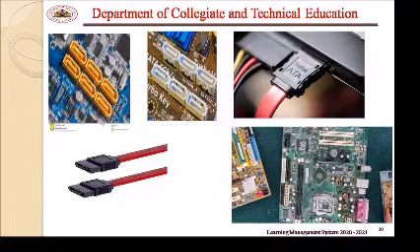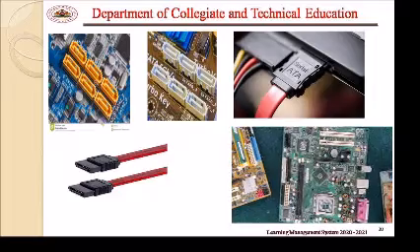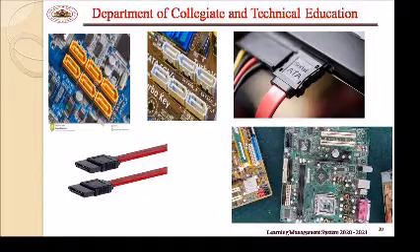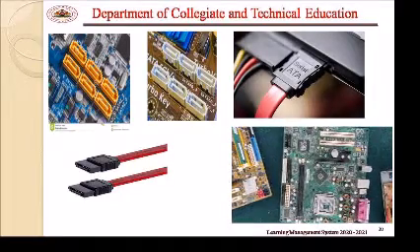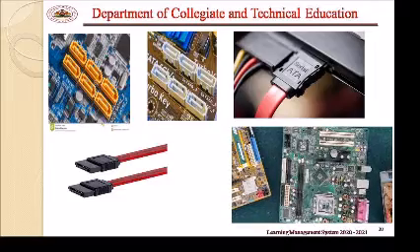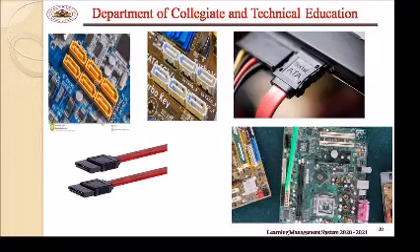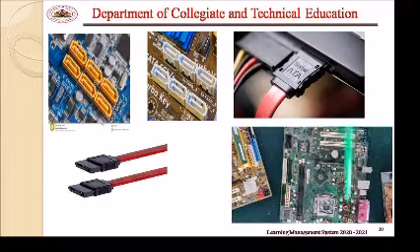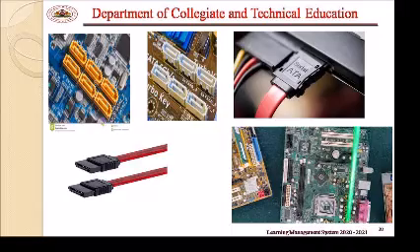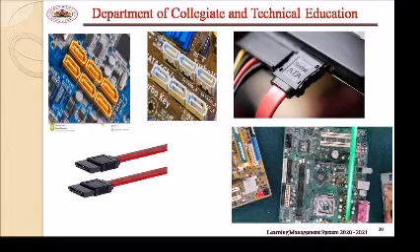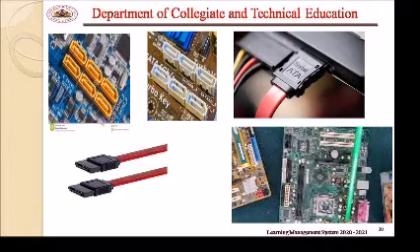Okay. So these are the 3 main connectors we should know with respect to the motherboard. I'll repeat, the 3 types of connectors we should know: one is the power connector. This is the ATX 24 pin connector to provide power to the motherboard, and this is the 4 pin connector to provide power to the CPU.